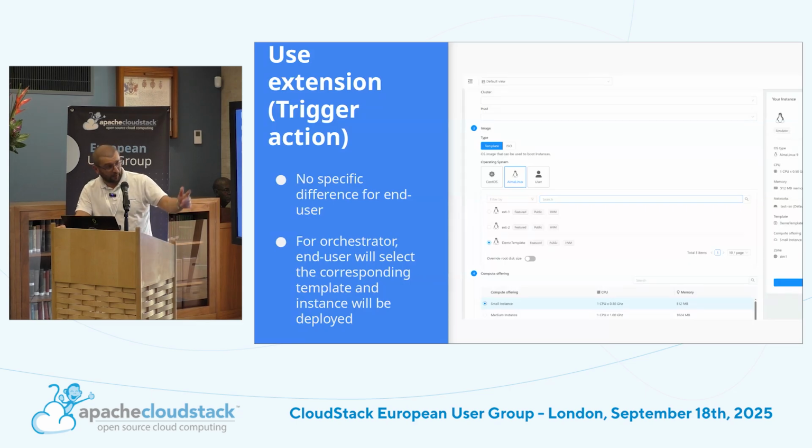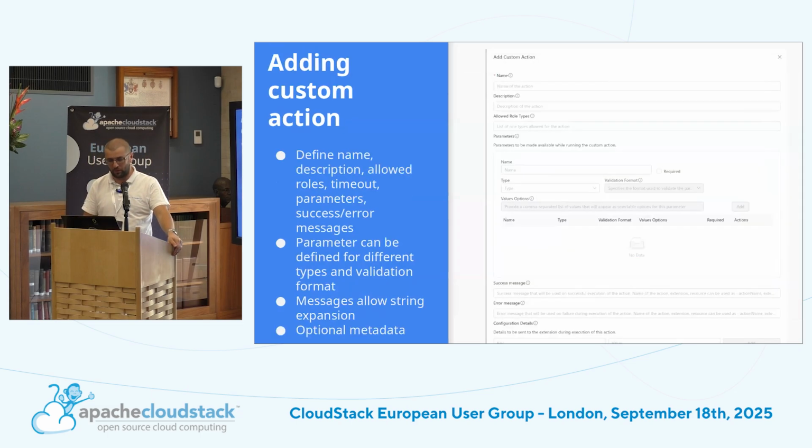In this case, I think it's going to send this request to the Proxmox installation to deploy the VM. And it's a regular, normal, step-by-step instance creation that you may be used to if you've used CloudStack already.